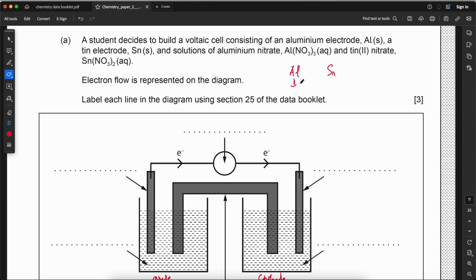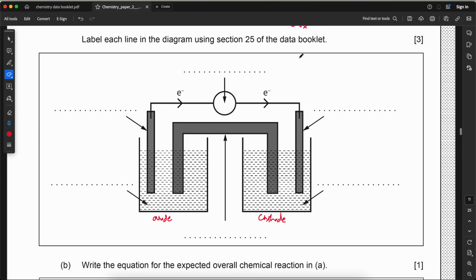Al is more reactive, therefore it experiences oxidation. So this would be Al, and the solution will be Al(NO3)3, and this one of course will be Sn, and this one will be Sn(NO3)2, and this one will be the voltmeter, and this one is the salt bridge.